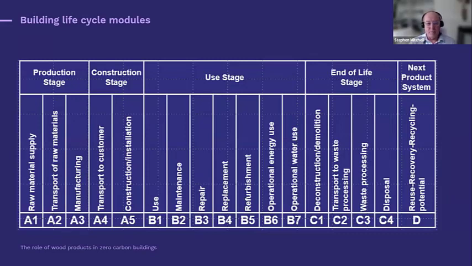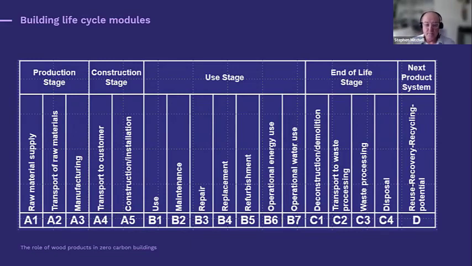Now, this provides a bit more detail of the different building life cycle modules. A1 to A3, what we call the production stage, construction stage A4 to A5, and the use stage has module B and module C, end of life stages. So I'm just framing this now so you understand a bit more about what I'm going to be talking about later on.